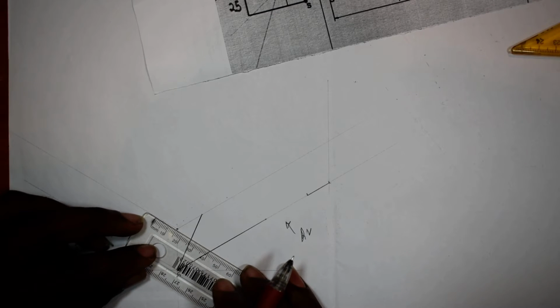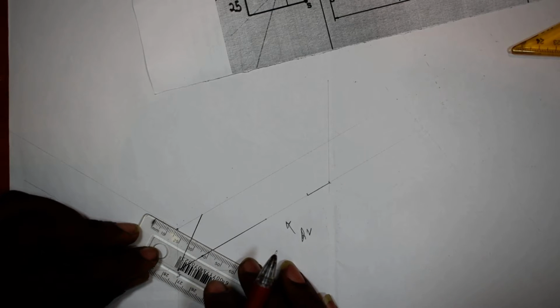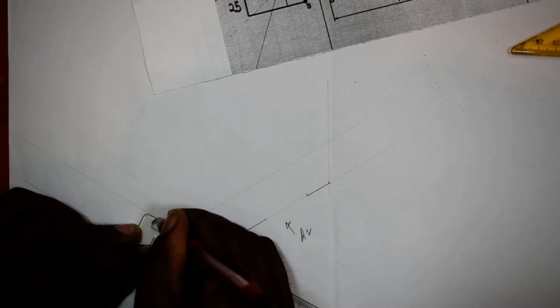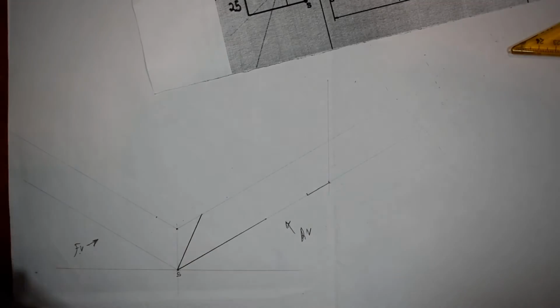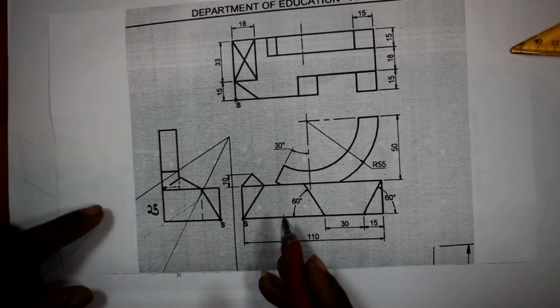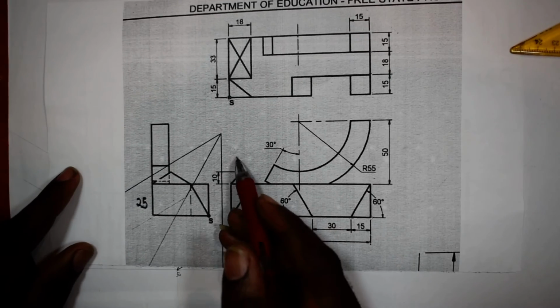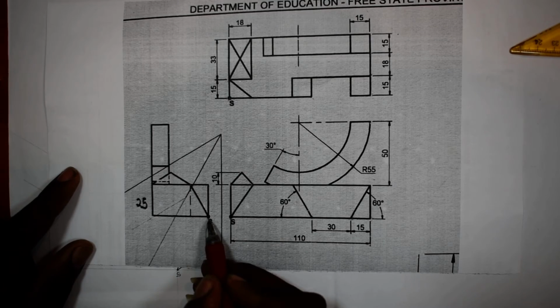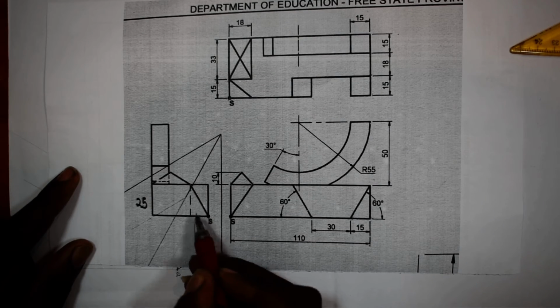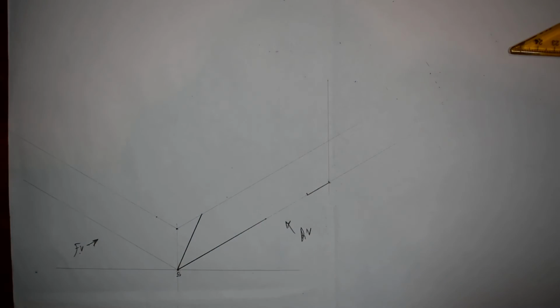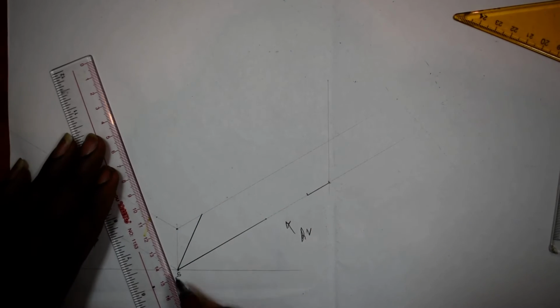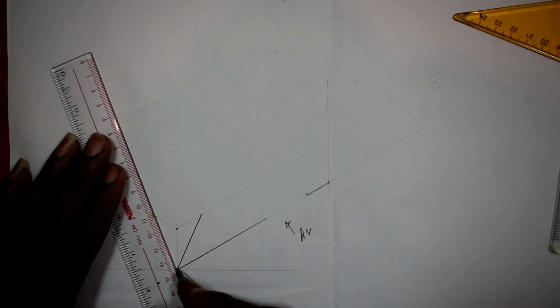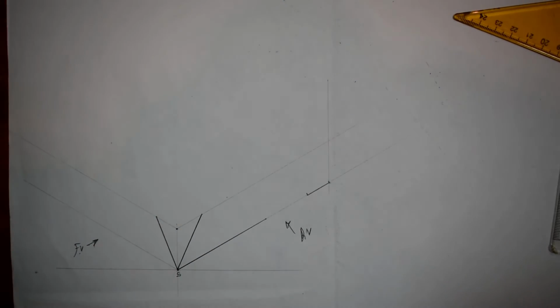And I cannot draw it dark yet. There is my 15. So from here till here is that 15 millimeter, so I can now take this line from my point S to that 15 point that I just got. From here to there, you get it.